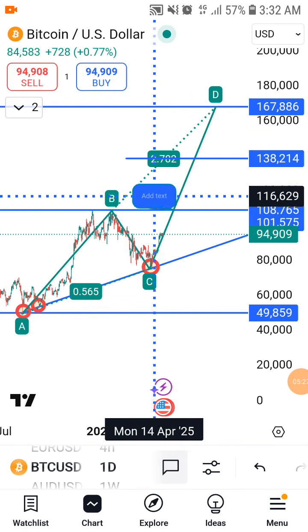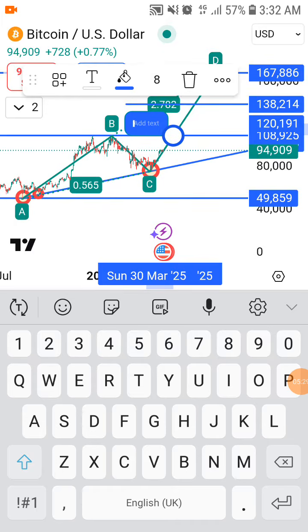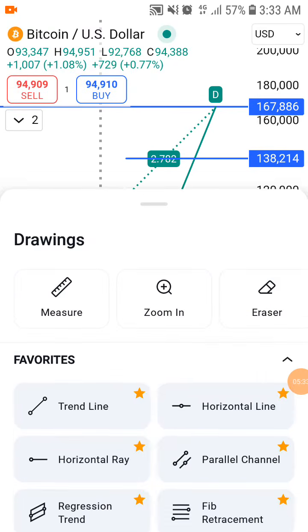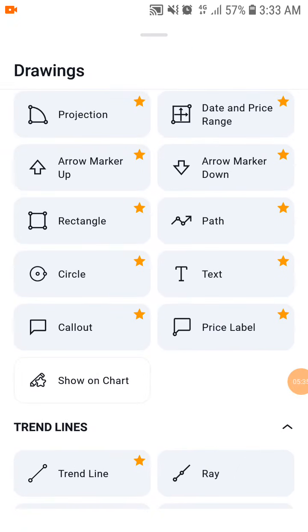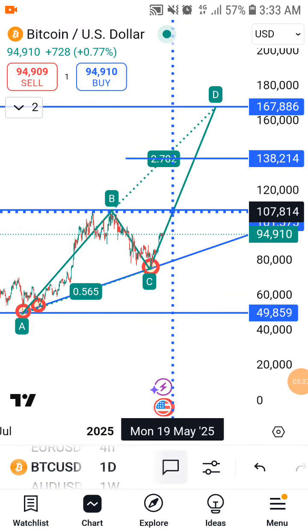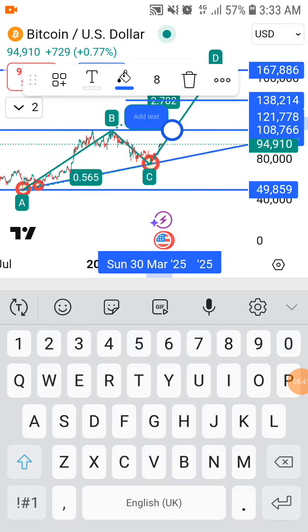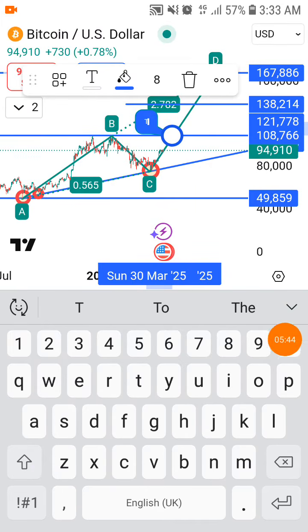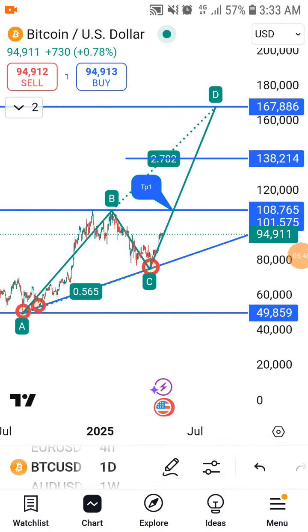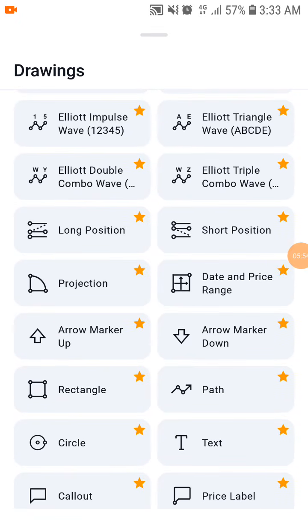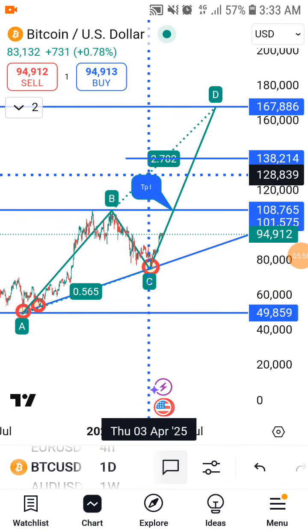All these points, let me just say, it might not necessarily be TP1, but for the sake of this analysis, let me label it TP1. If some traders take off their profit around this place, we might experience some pullback there before the market moves up again.